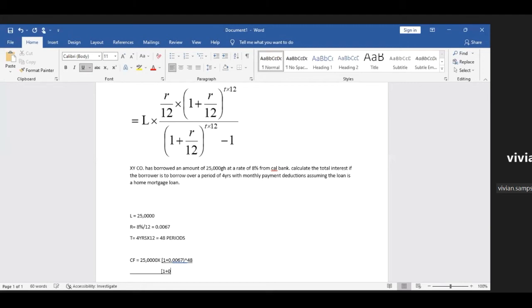Then we close the bracket, raised to the power 48. Then everything minus 1. So those who have calculators, please calculate it and let's see.